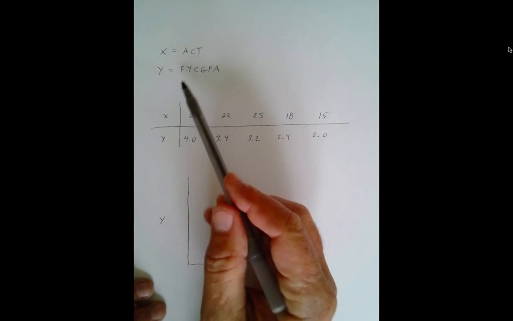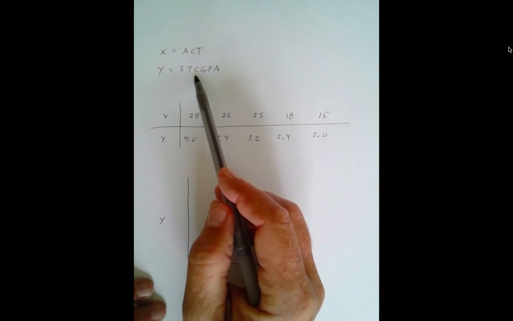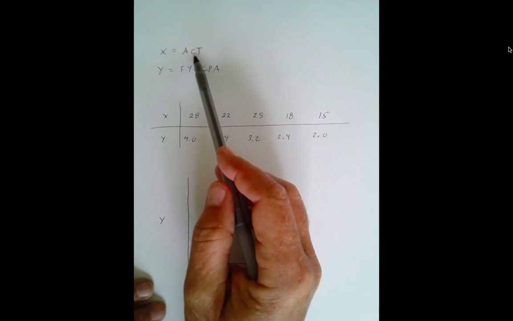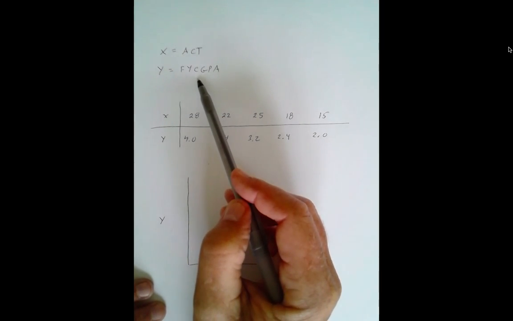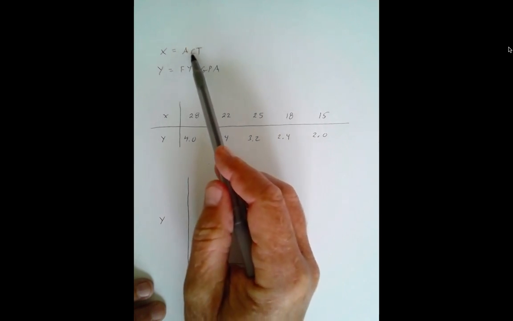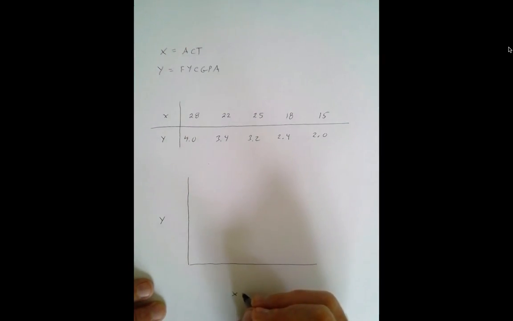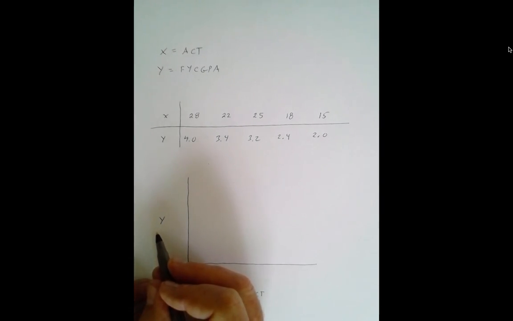But right now, most people take their ACT before they go to college. Most people take the ACT before they actually end up going to their first year of college. So I'm going to let my ACT be my X, and I'm going to let Y be the first year college GPA.